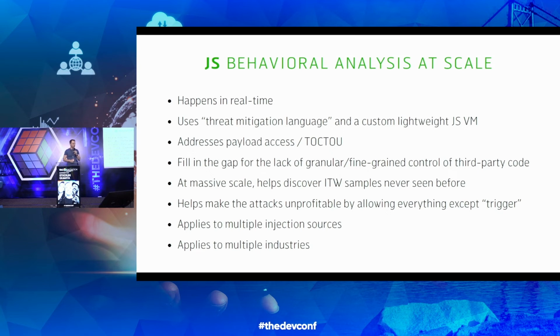And it can discover lots of different things, in the wild samples of various exploits that are written in JavaScript. And it also helps by design make the attacks unprofitable, right?